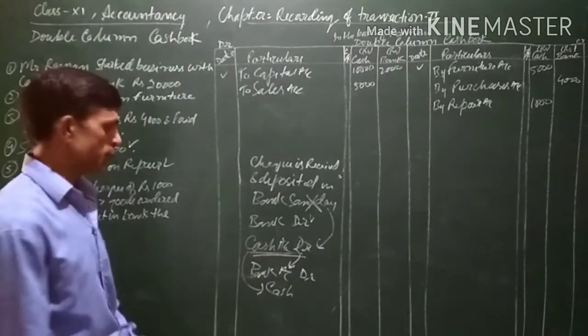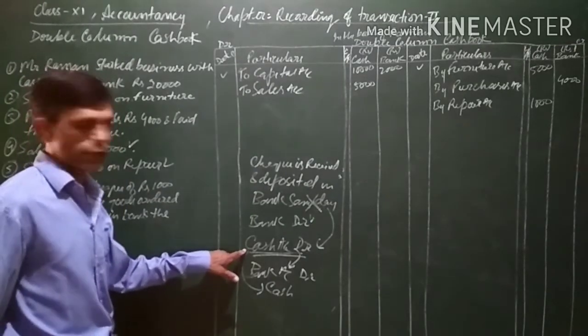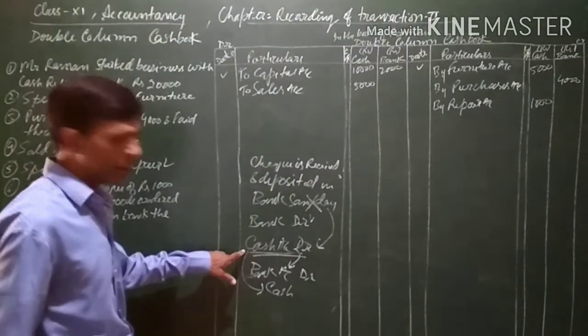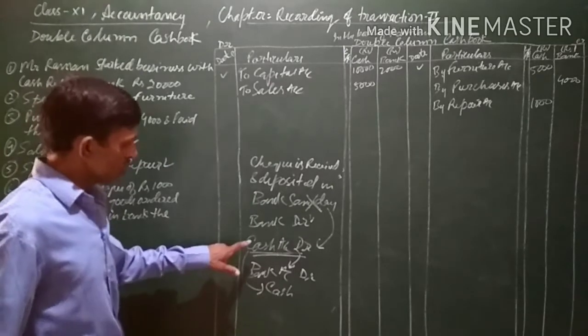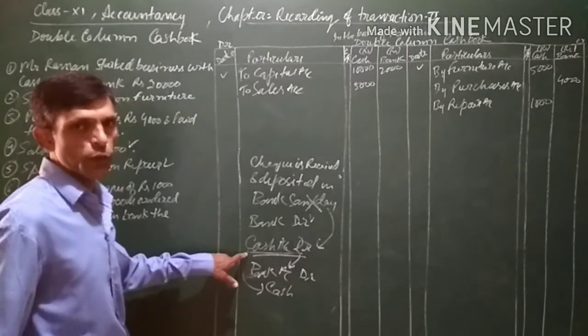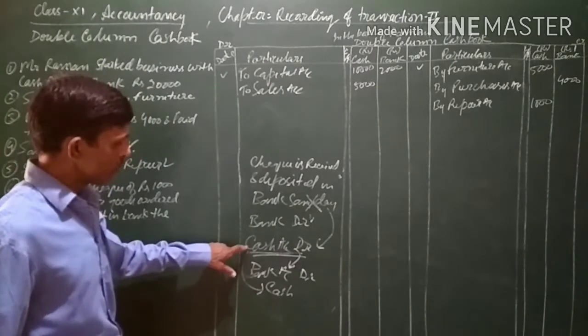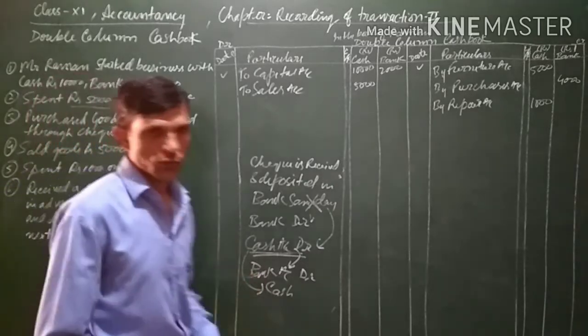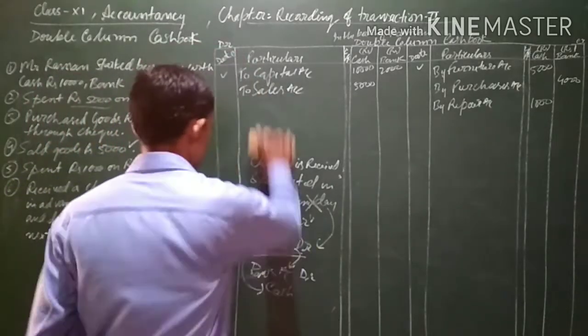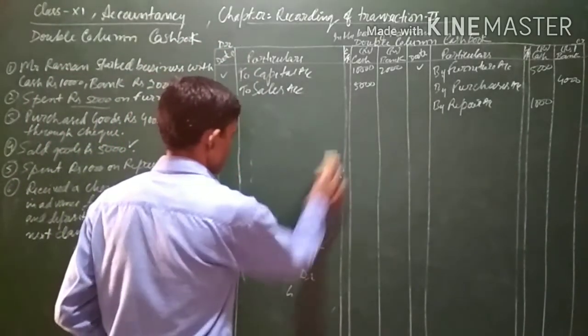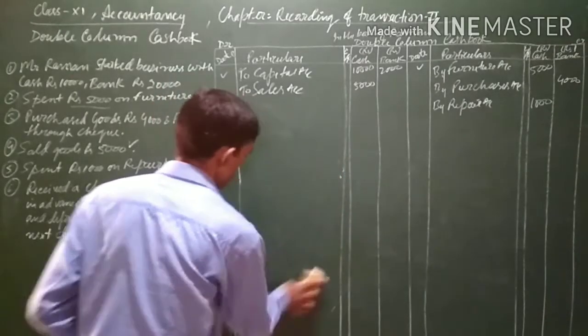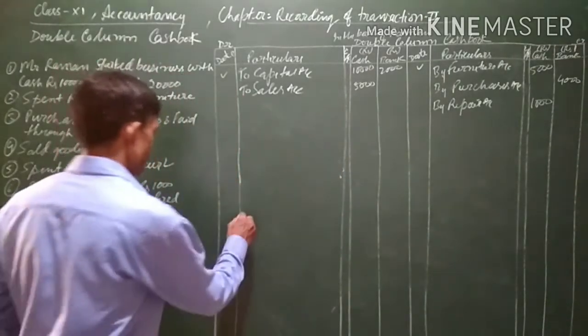Since we have debited cash instead of check, similarly when this check goes into the bank, instead of check we will be crediting the cash account. Now see how this is done. Very important to note this point.